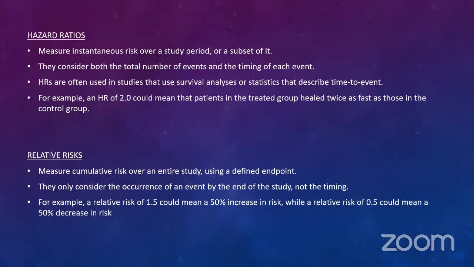If two subsets are given a chemo drug, a hazard ratio of 2.0 means that the patient who had the chemo drug will be healed twice as fast as those in the control group. At a time period of, like, 5 years, this group will be performing better than the other group.